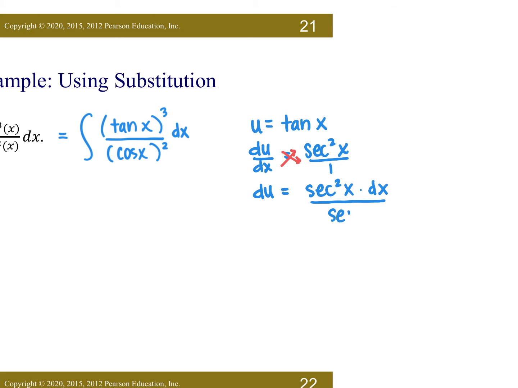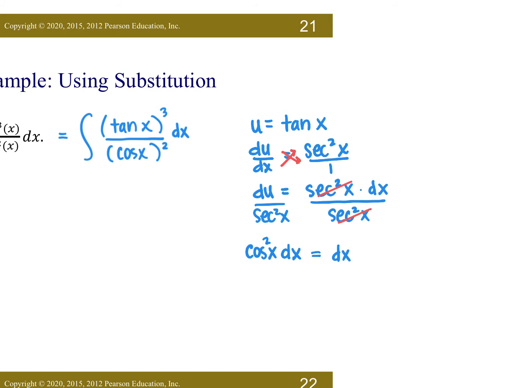So divide by secant squared, which reduces. So I have dx by itself, and then I have du over secant squared. But remember that secant squared is an identity, so we don't really want to leave secant squared in the denominator. That would be the same as putting cosine squared in the numerator. So that's always a better option, to write it as a numerator.